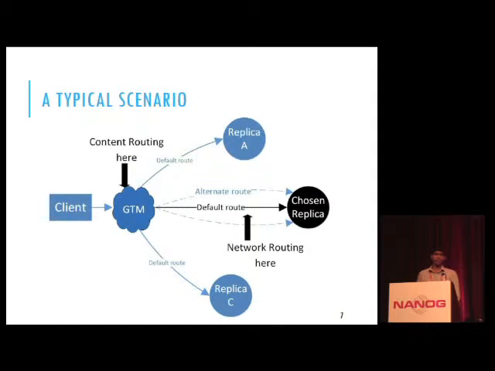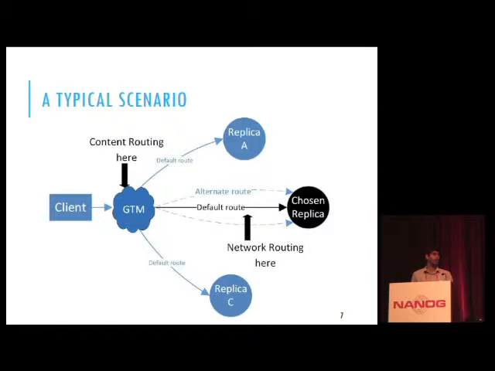So let's consider a typical scenario. You have three replicas: replica A, C, and the one in black, which is eventually the chosen replica. You have a client or a set of prefixes that's making a request going to a GTM system. Typically, how this GTM system or load balancer works is that it redirects some small portion of the client requests to each of these replicas and evaluates performance.